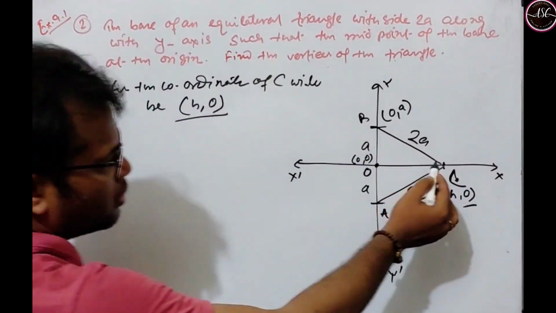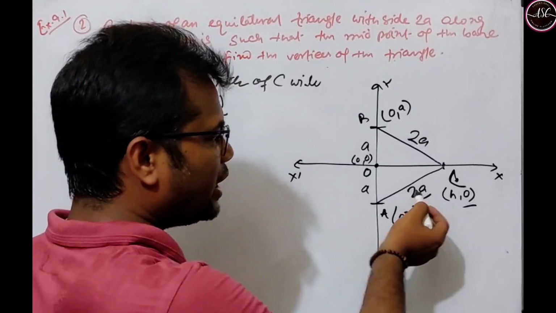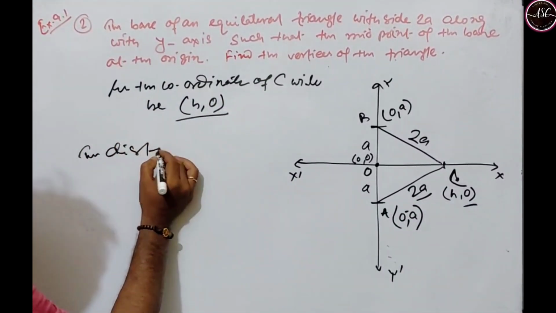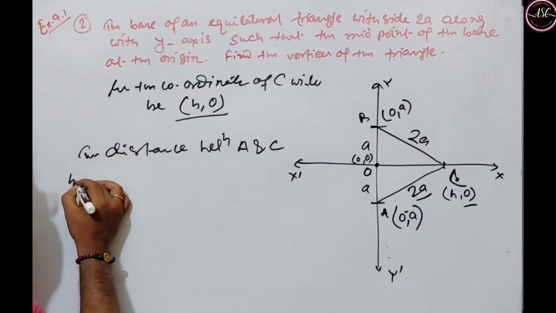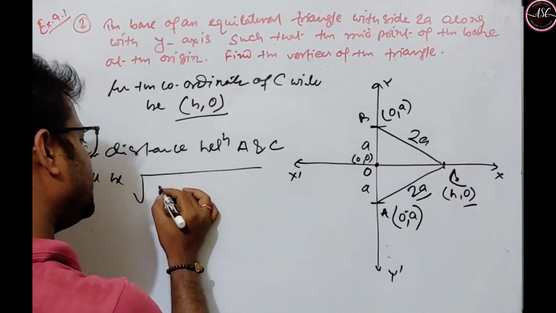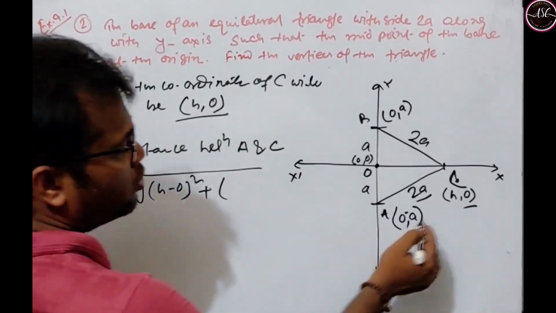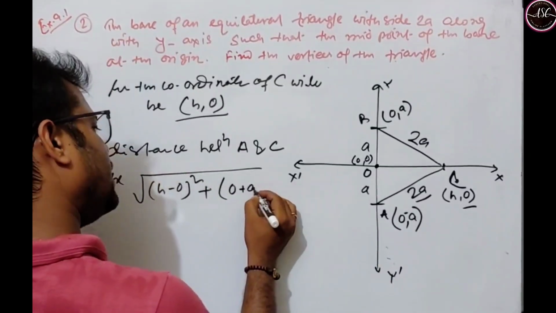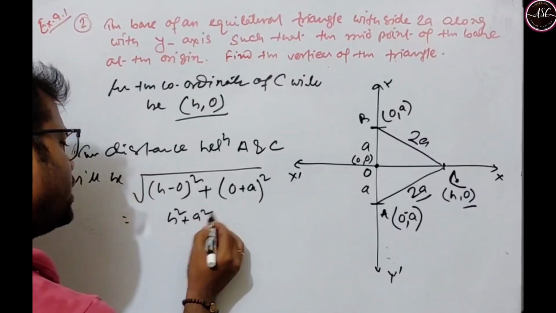So if we find the distance between these 2 points A and C, we will get 2a. So the distance between A and C will be root over, here x2 is h minus x1 is 0, (h minus 0) whole square plus (y2 equal to 0 minus y1 equal to a) whole square, equal to root of h square plus a square.